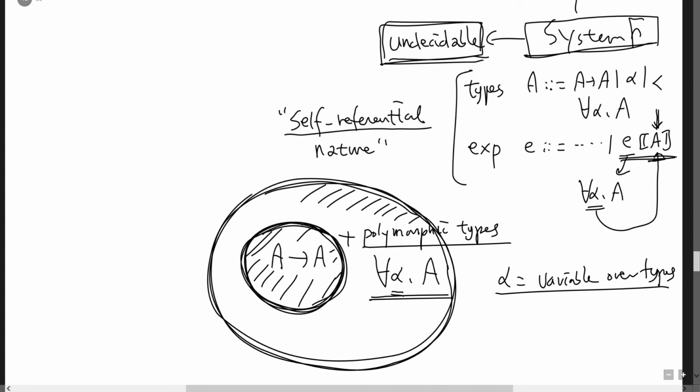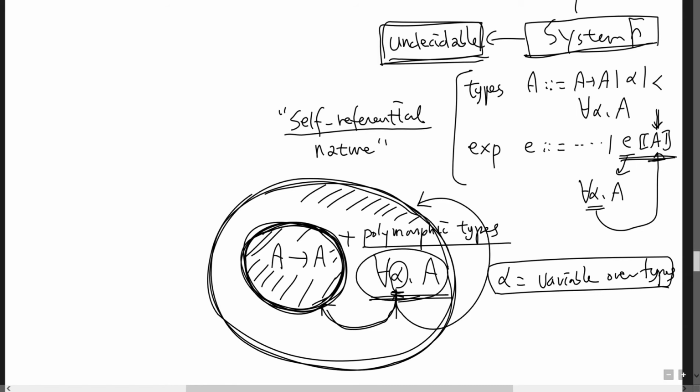And along the way, we introduced this type quantifier or type variable. But this type variable can range over not only this existing set of types, but also the new set of types, which include the polymorphic types themselves.